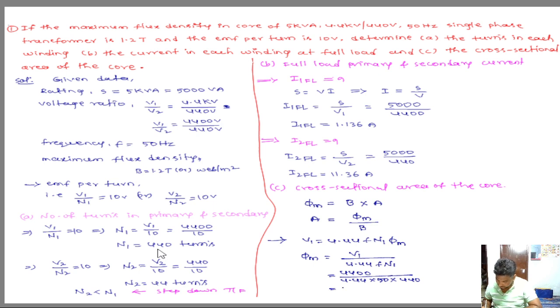Then phi m is equal to 0.045 Webers. This is the value of maximum flux.